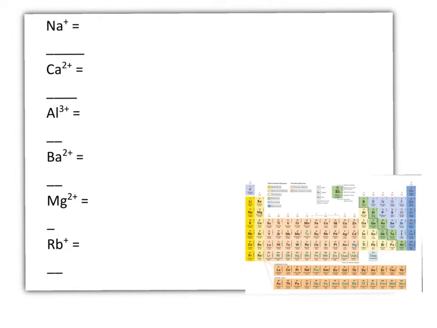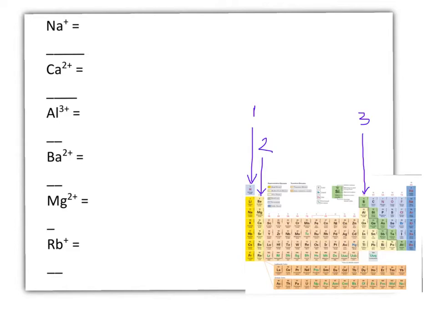So if we look at the periodic table, this is family 1, this is family 2, and when I say 2, I mean 2A, and then family 3A. We know that the family number corresponds to the number of valence electrons. So there's 1 here, 2 here, and 3 here, right?